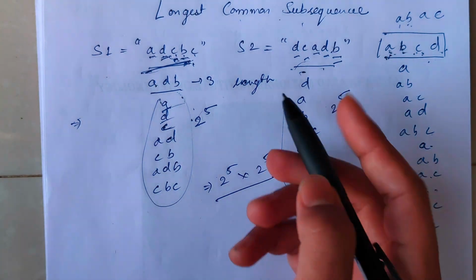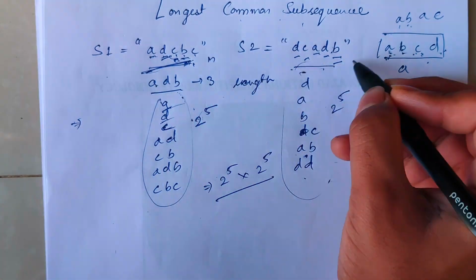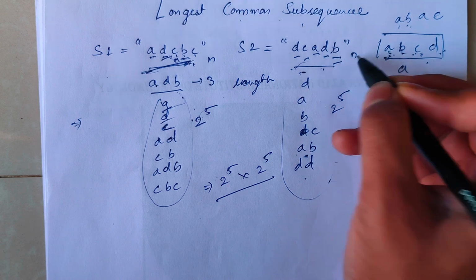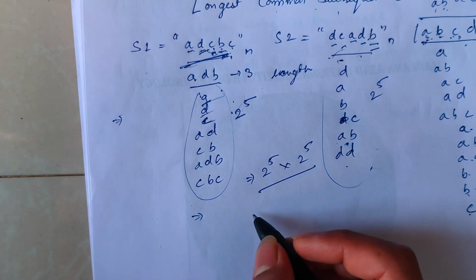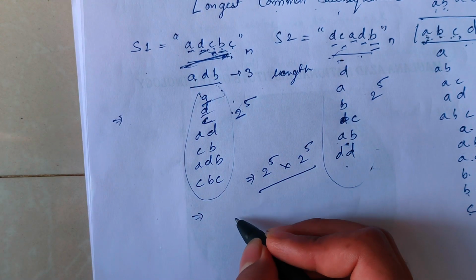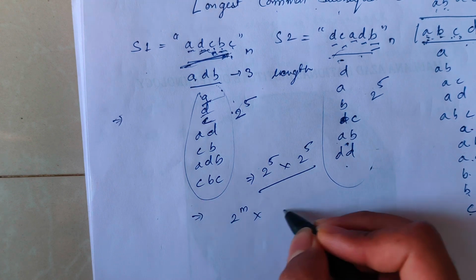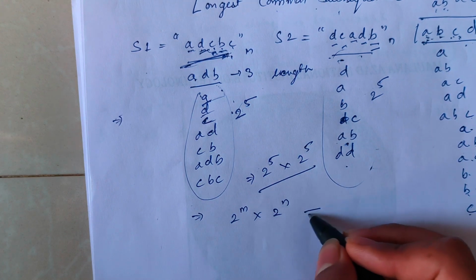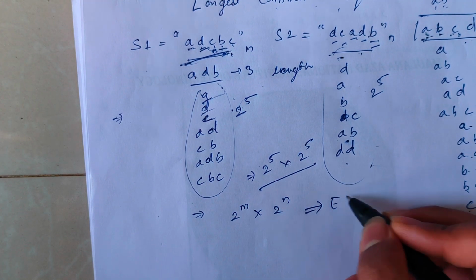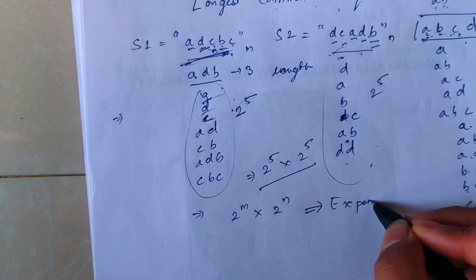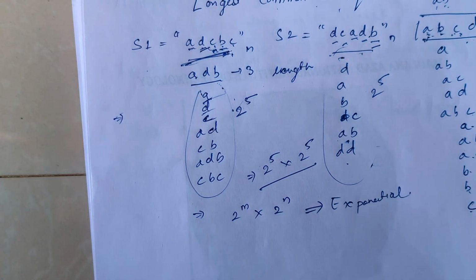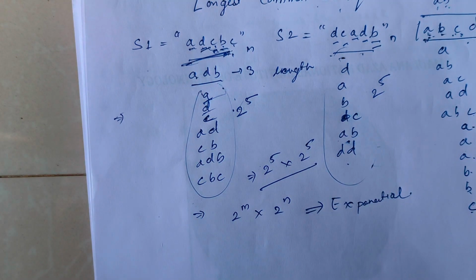So if the length here is m and here the length is n, then the total time complexity of this algorithm would be 2 to the power m into 2 to the power n. So this would be an exponential time complexity. So we should reduce this.